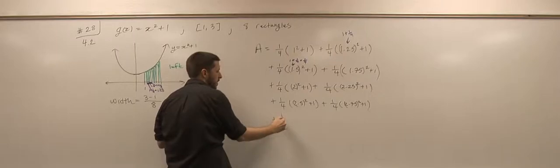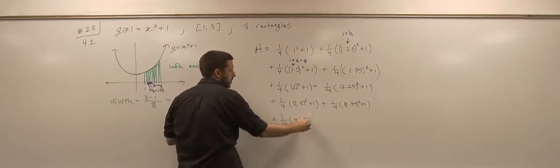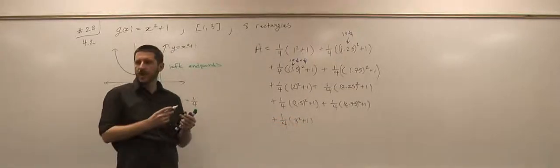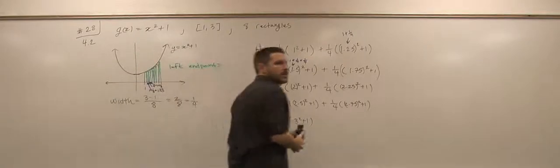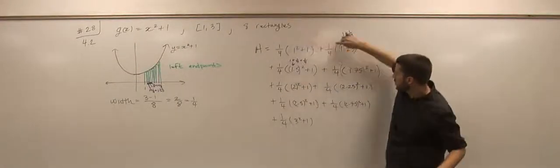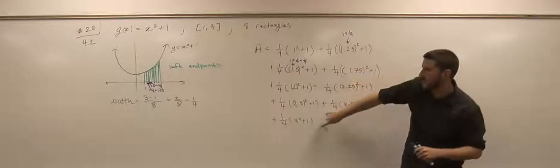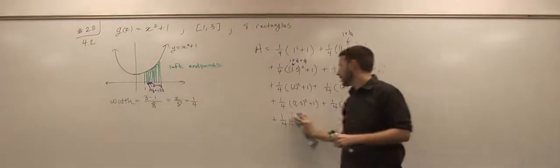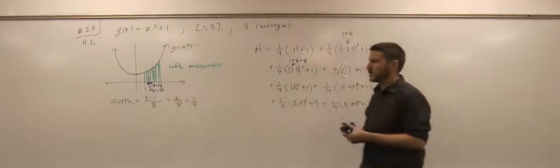Do I keep going? 1/4 times 3 squared plus 1? No. If you counted 1, 2, 3, 4, 5, 6, 7, 8, that's 8 rectangles, so that would be too far. We only want 8 rectangles.